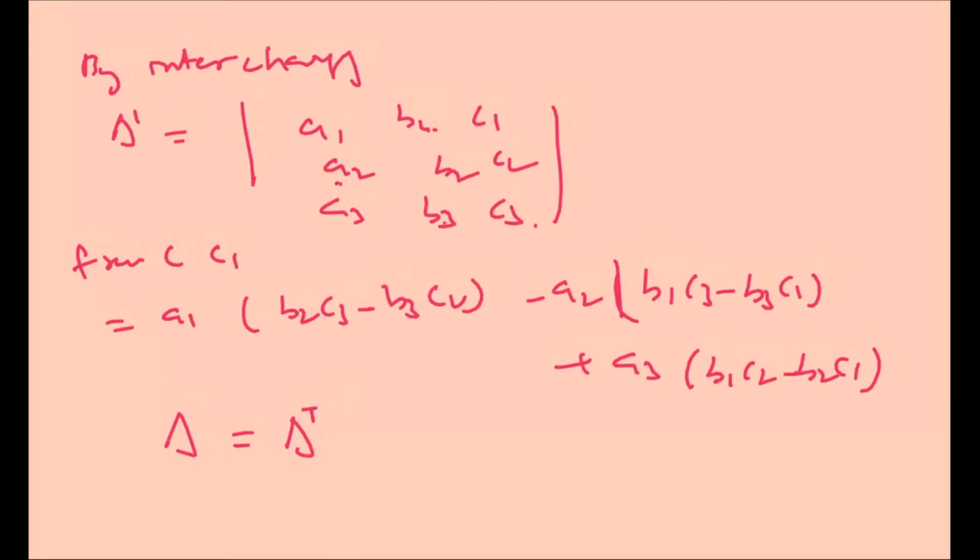The values are equal, so we can say determinant A equal to determinant A dash.